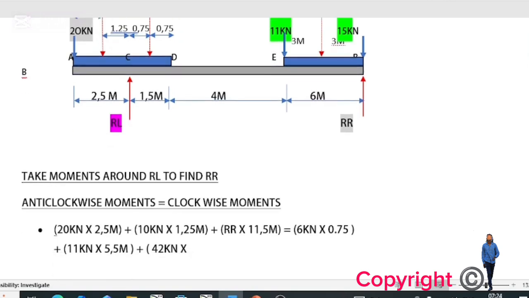This one is 8,5 meters. Then plus 15 kilonewton multiplied by the distance from 15 to RL, which is 11,5 meters.